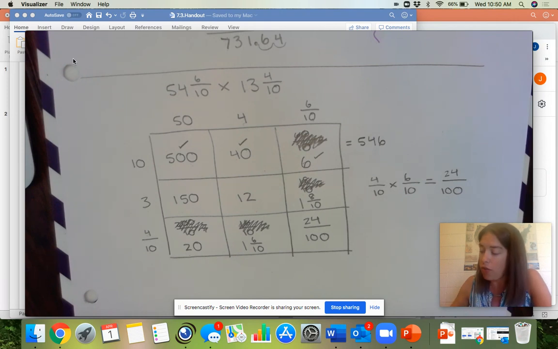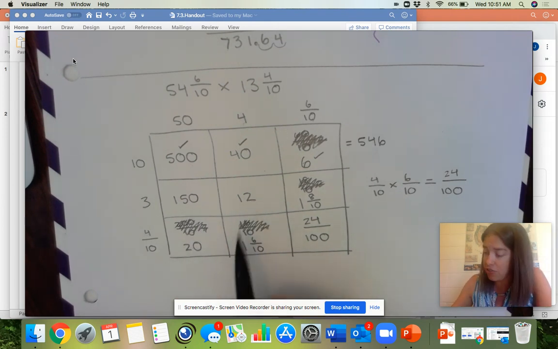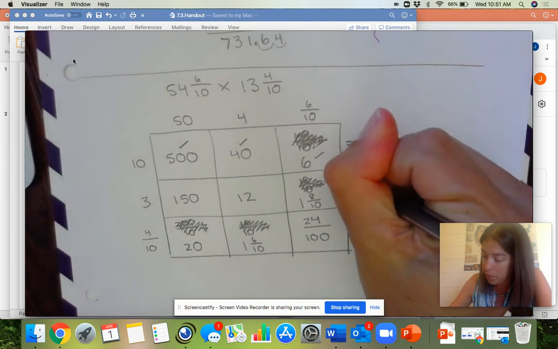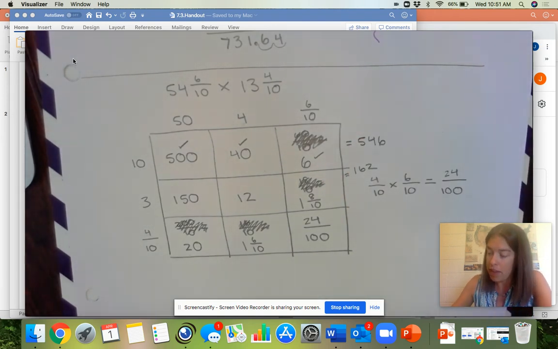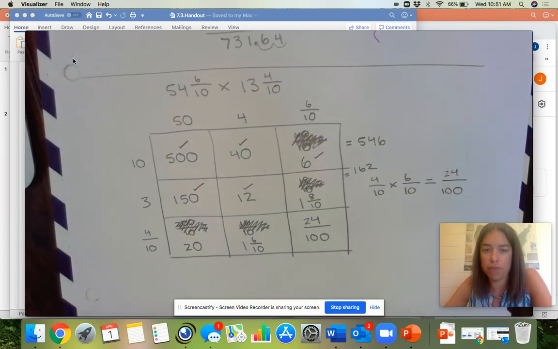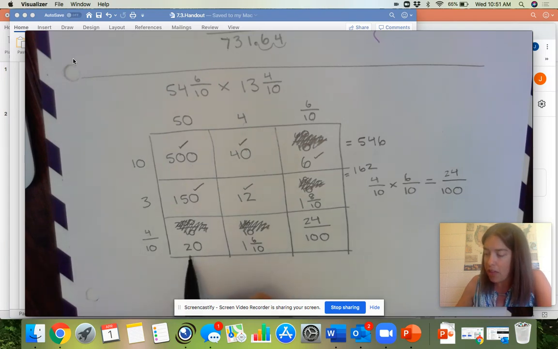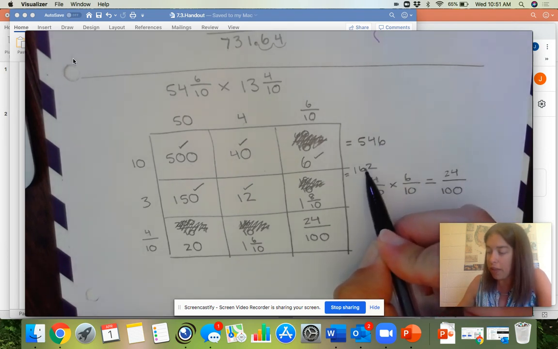I also know that 150 plus 12 is 162. That's just pretty easy mental math for me to do. And then I still have a 20. So I'm going to add up my 546 plus 162 plus 20.